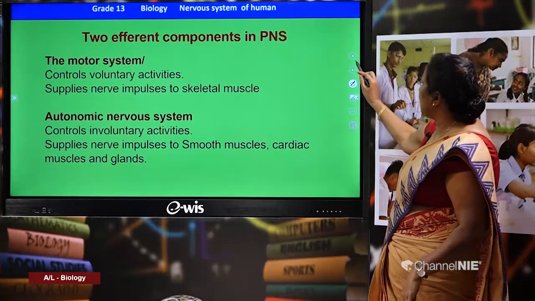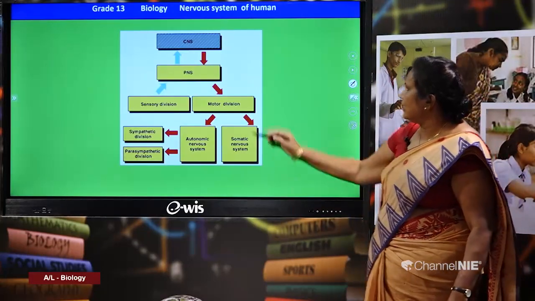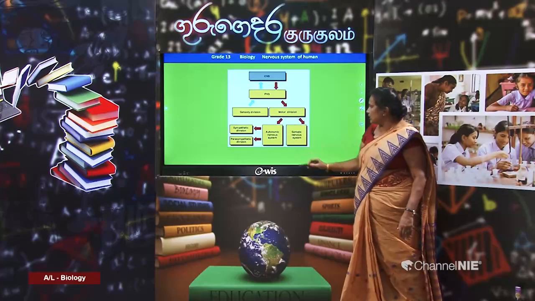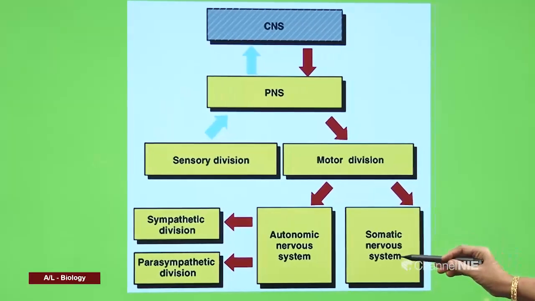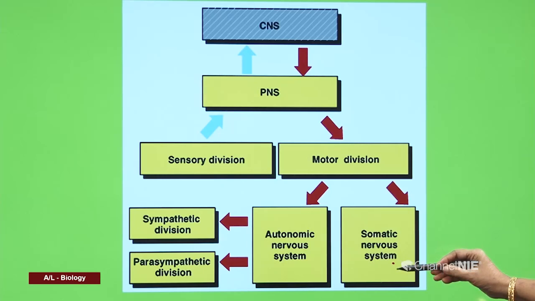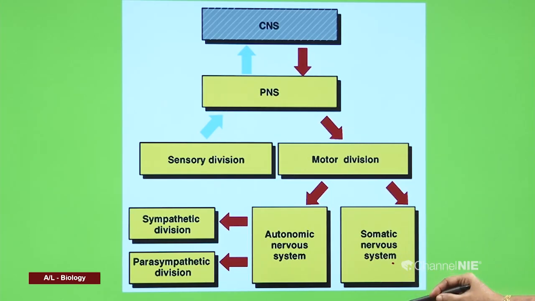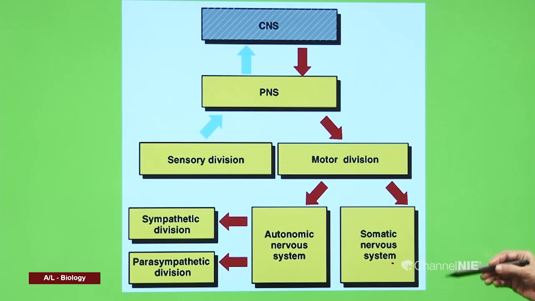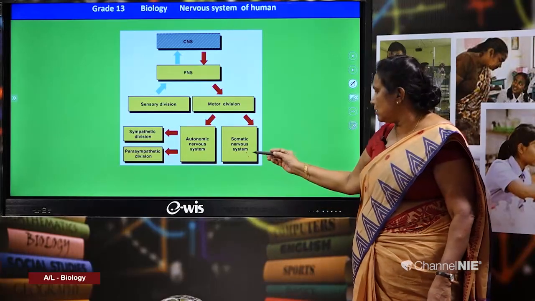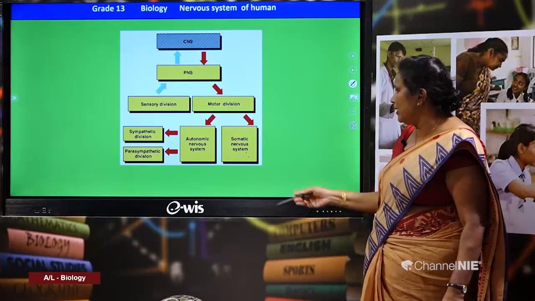So, you can see the central nervous system and the peripheral nervous system, which contains a motor division and a sensory division. The motor division contains the somatic nervous system, or the motor system, which sends impulses through efferent neurons to skeletal muscles for skeletal muscle movements.